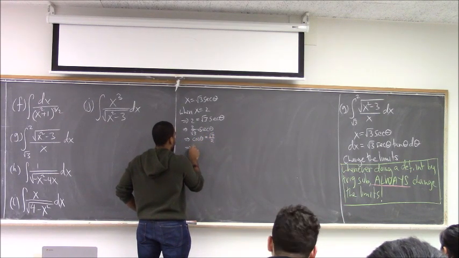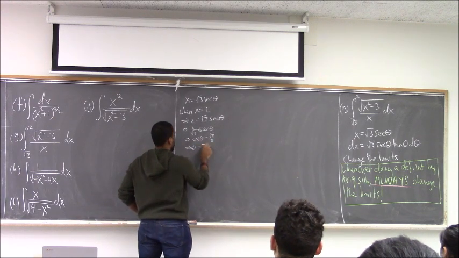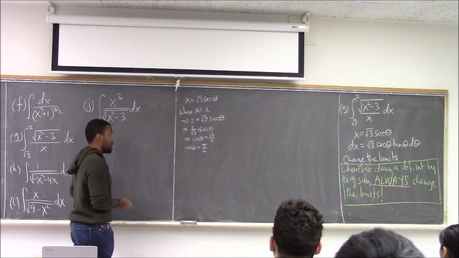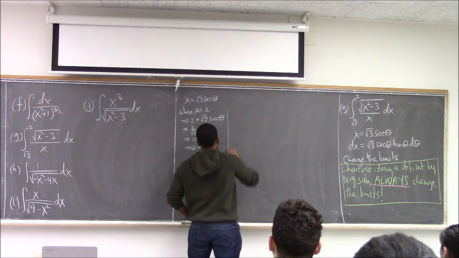What does that tell you theta is? Pi over 6. Right? So it's one of those things that you have to remember from pre-calculus and maybe repeat a little bit in calculus.